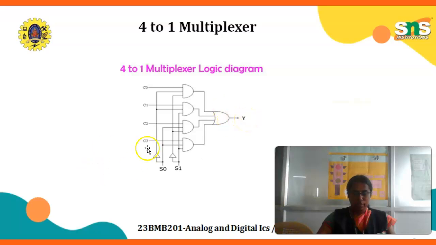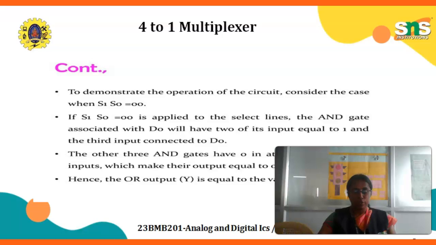And for 1, 1, D3 is connected to the output Y. So this is the 4:1 multiplexer.